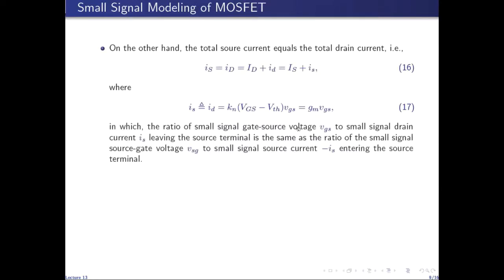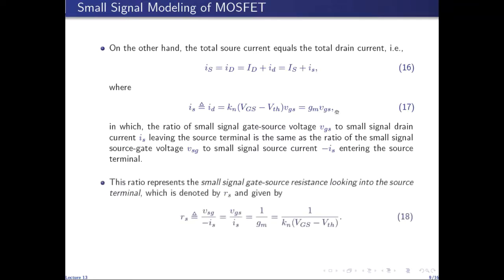So if we consider the gate to source voltage again as constituting a port, then the source current IS leaves the source terminal of the port. In other words, minus IS enters the source terminal of the gate to source port. So consider the ratio of the source to gate voltage, which is equal to minus vgs.